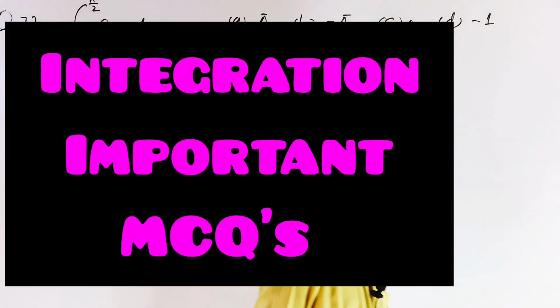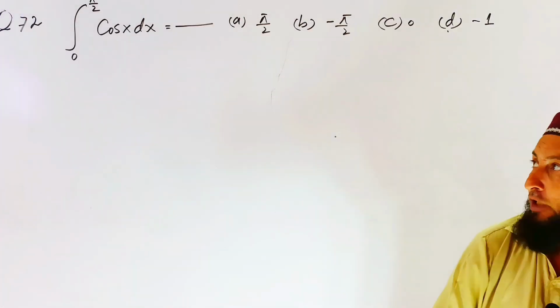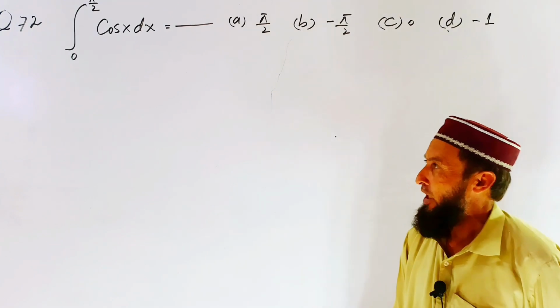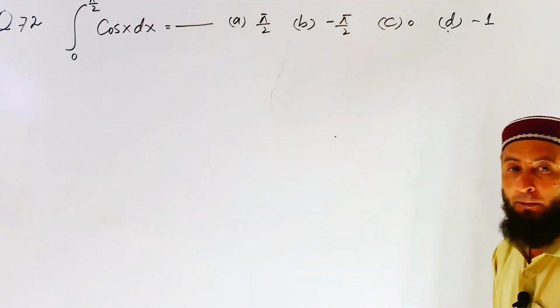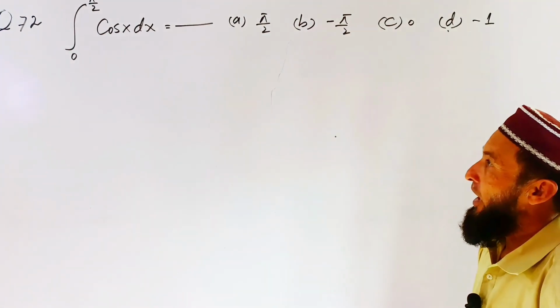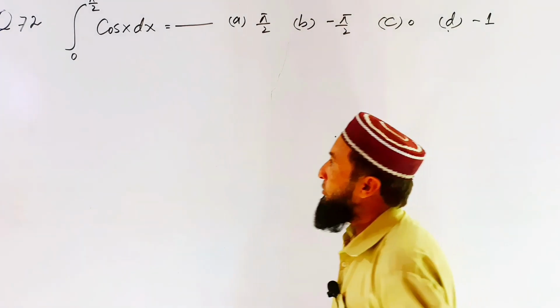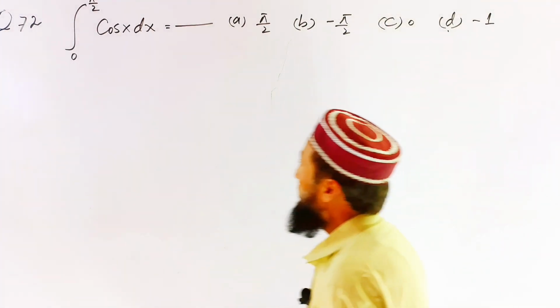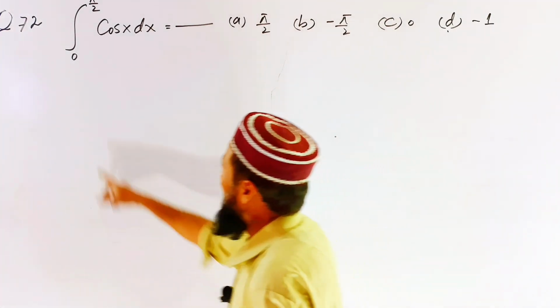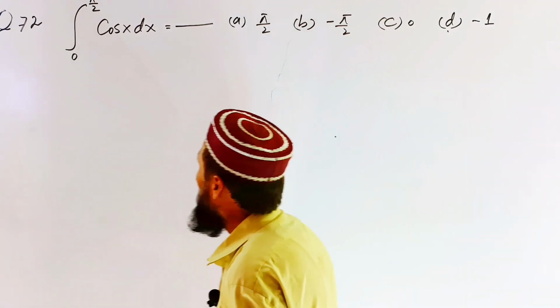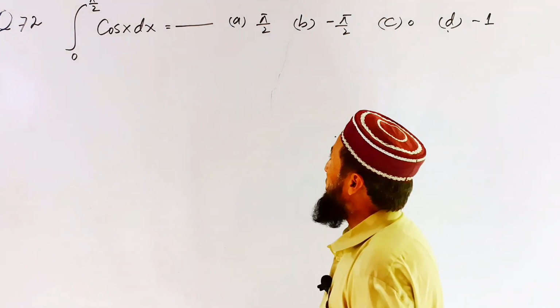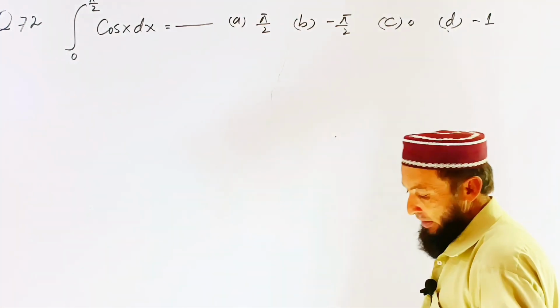Dear students, today we are proceeding to the next MCQs on the topic of integration. Question number 72: the integration from lower limit 0 to pi by 2 of cos x dx is equal to what?